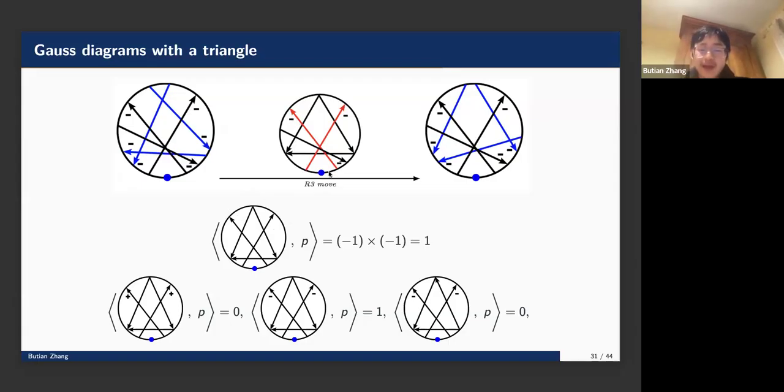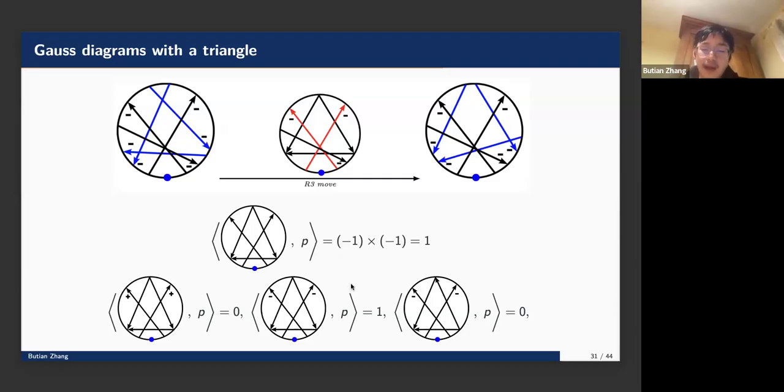Now we see that the two red arrows have signs minus and minus. So the weight of this appearance equals -1 times -1. Since it only appears once, it has only one such contribution. So this bracket equals 1.